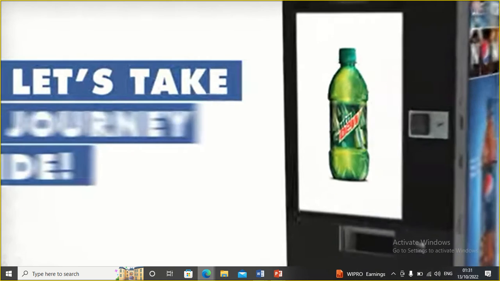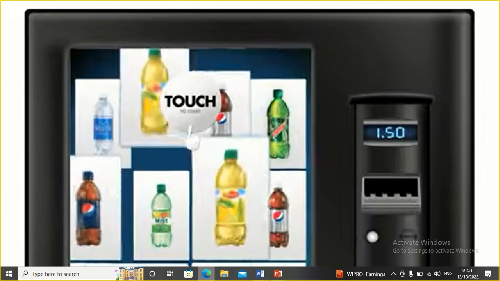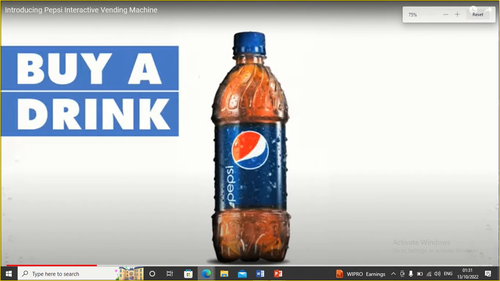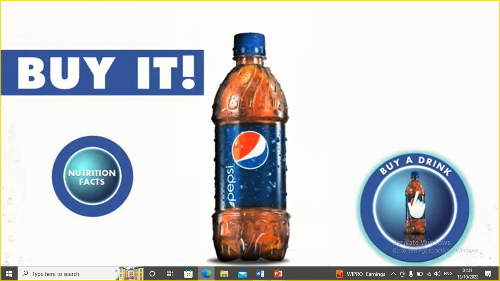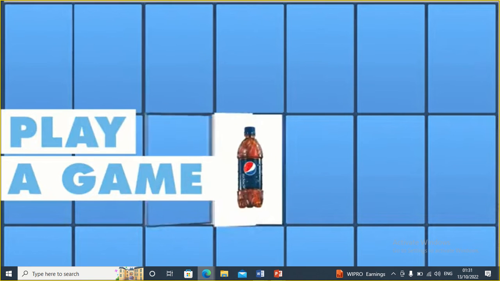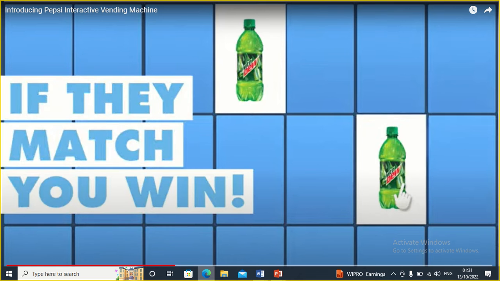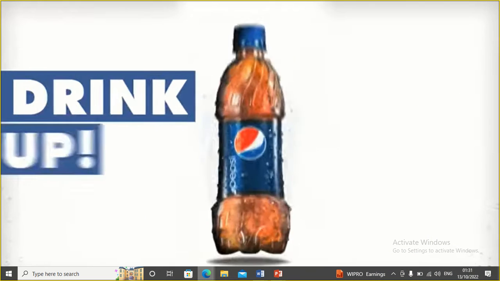So it's a Pepsi interactive vending machine. You can buy a drink and also pick a desirable flavor, and buy it. Not only do you do the buying activity, you also play games.